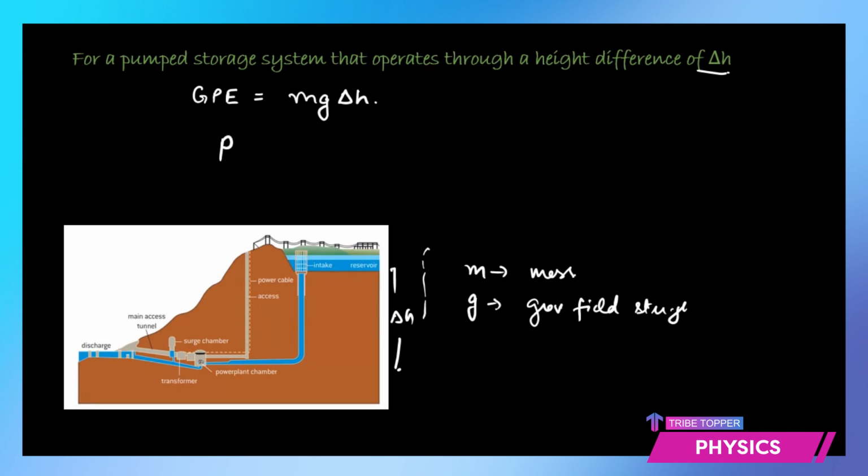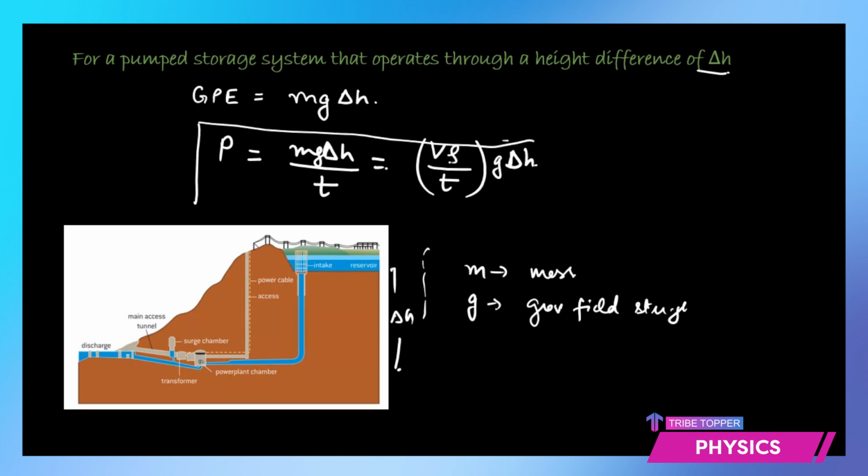So the power output is m g delta H over t, which means, since m is volume times density, power equals volume times density over t, times g delta H. This is the maximum power available, the rate at which the gravitational potential energy can be converted into electric energy.